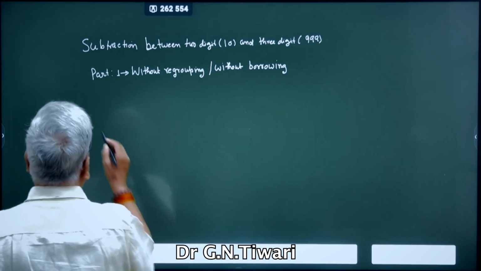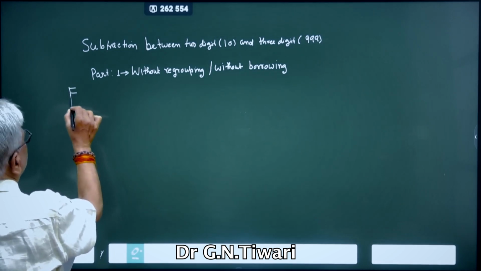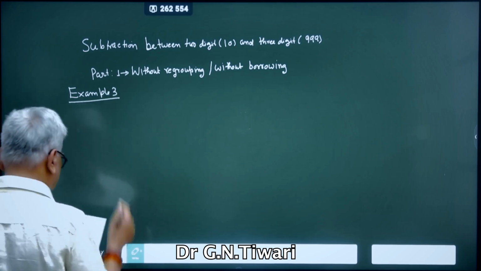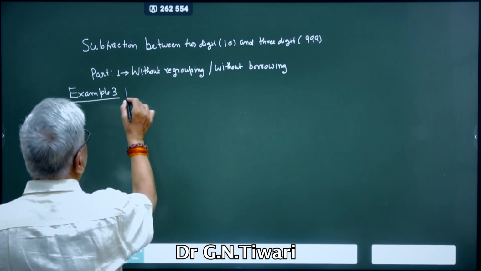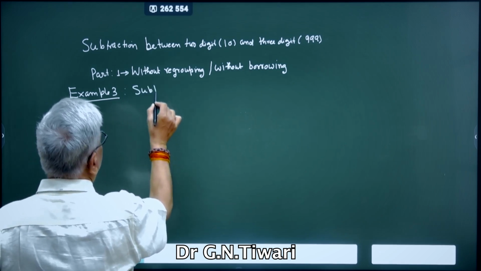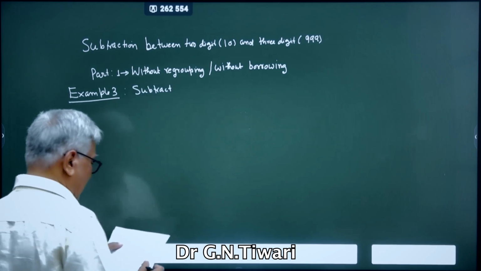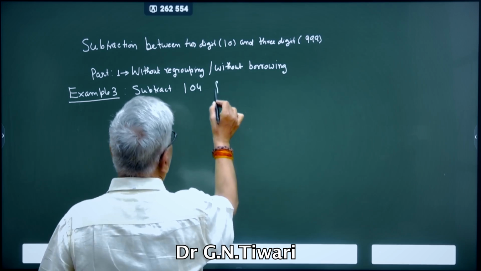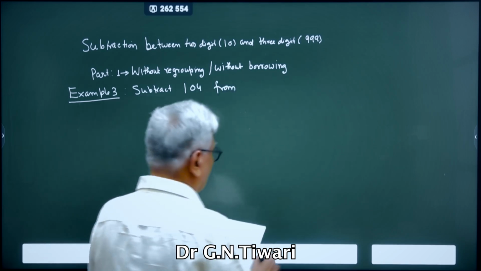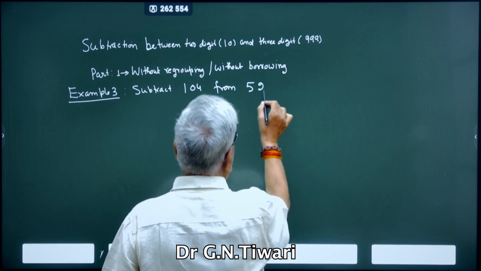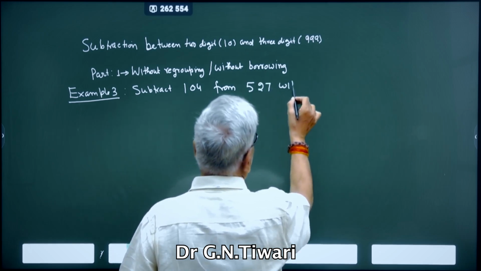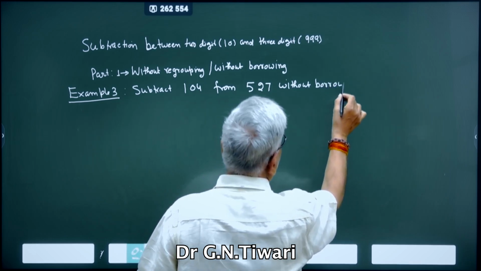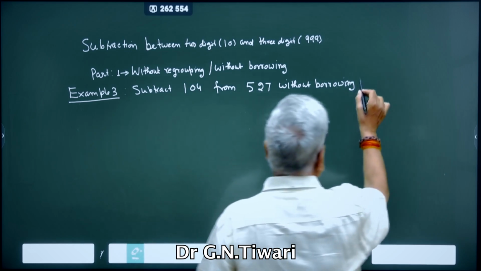Now see example 3. Subtract the 3-digit number 104 from 5 to 7, obviously without borrowing or regrouping.